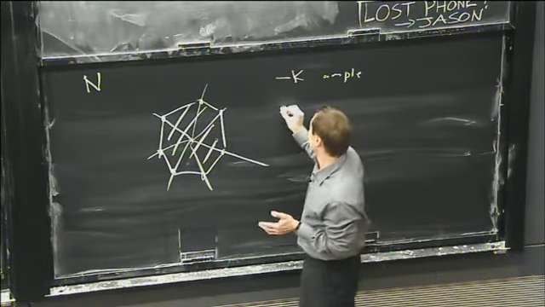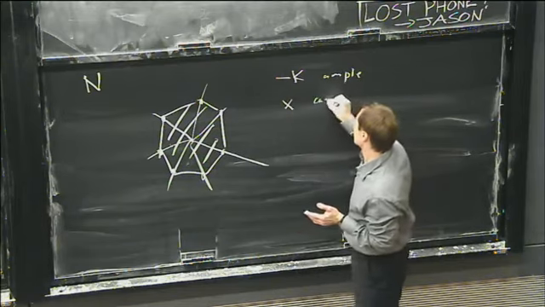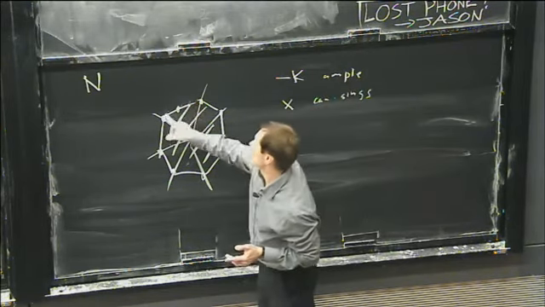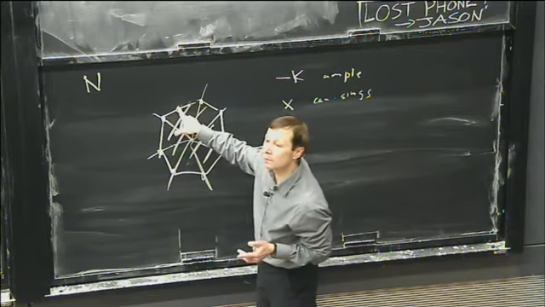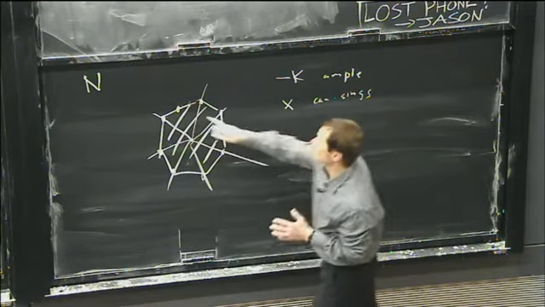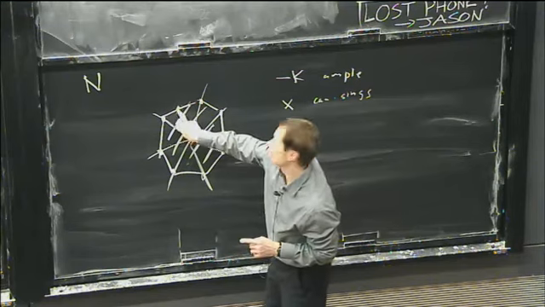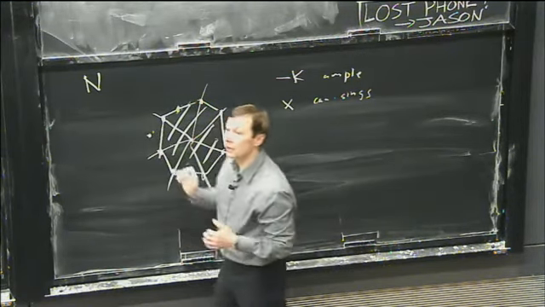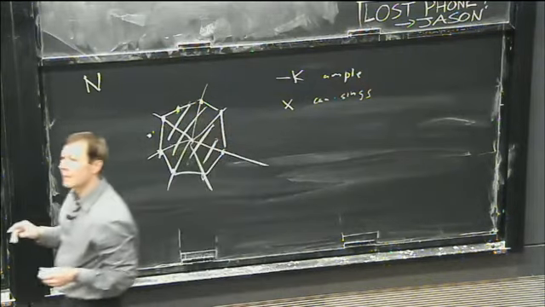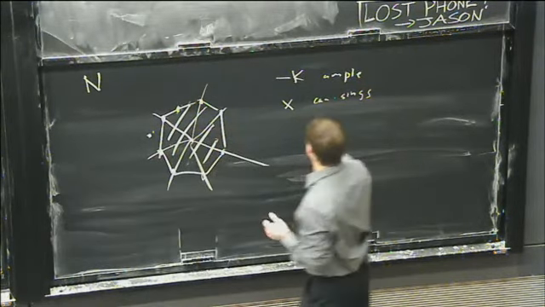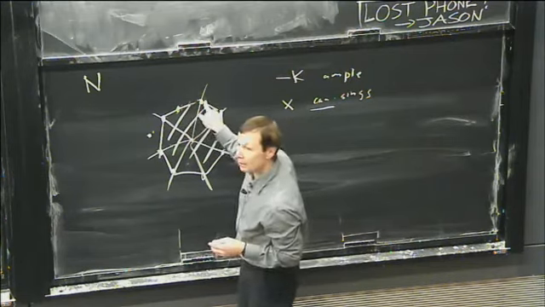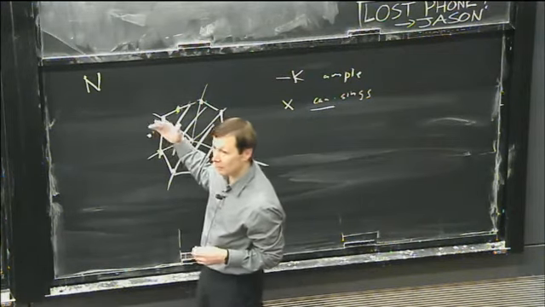And the variety X has canonical singularities if there are some integral points somewhere in the middle. And it has terminal singularities if all the integral points are outside. No points inside means canonical. And if there are also no points on the boundary like this, then it's terminal.